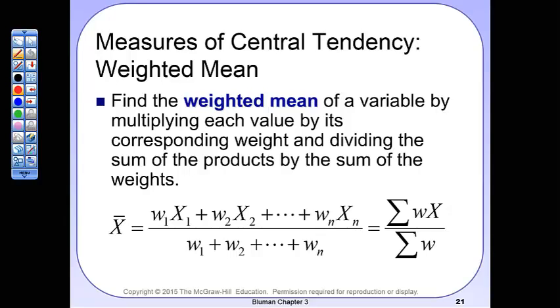The last type of central tendency that we want to look at is our weighted mean. The weighted mean is used for items that have different weights, such as your GPA. That's going to have a different weight based on what grade you made. Did you make an A? Did you make a B?